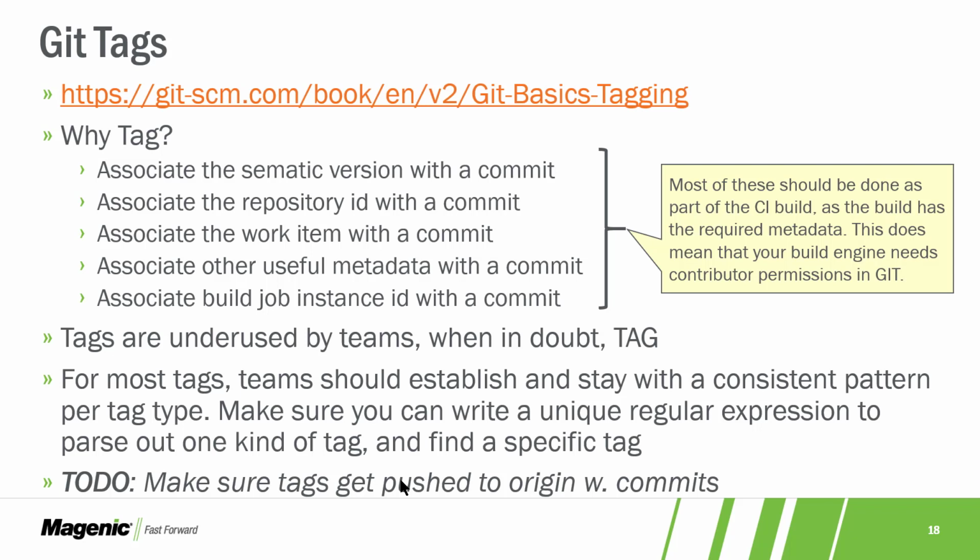And why is that relevant? Because we want to put tags, which are pointers with metadata, on a commit. So we want to associate a semantic version with a commit, a repository ID, a work item. For example, if you're using Jira as your backlog engine and each Jira story has a unique number, we can have a shop standard that says we're going to add the story IDs as tags to the commit so that we can trace the commit back to the story.